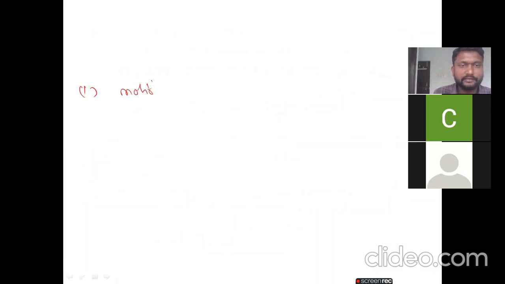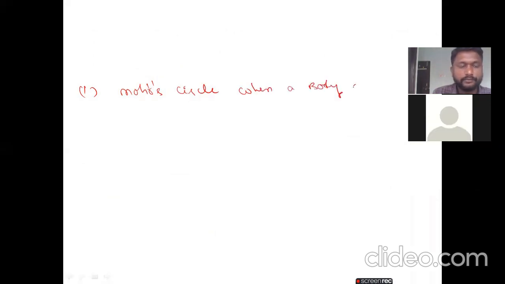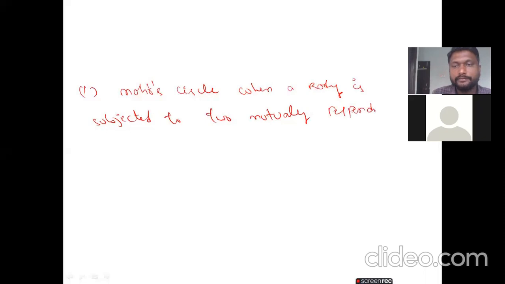Mohr circle, when your body is subjected to two mutually perpendicular principal tensile stresses of unequal intensities.